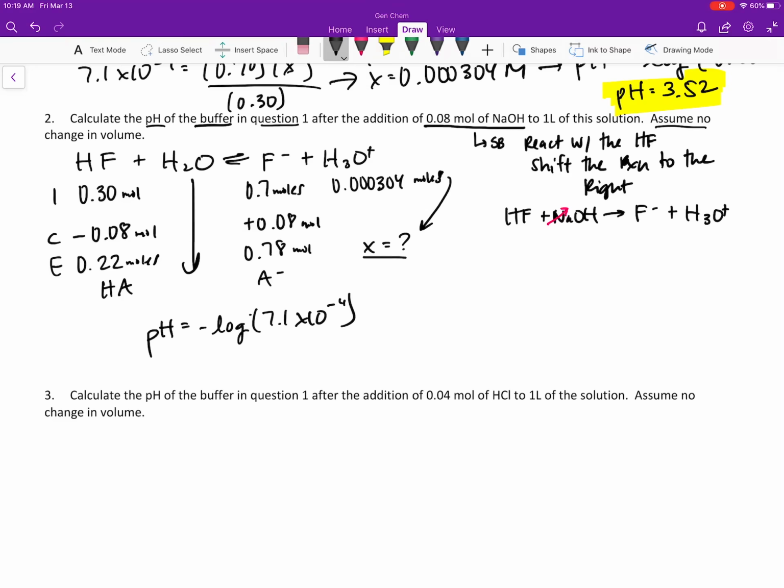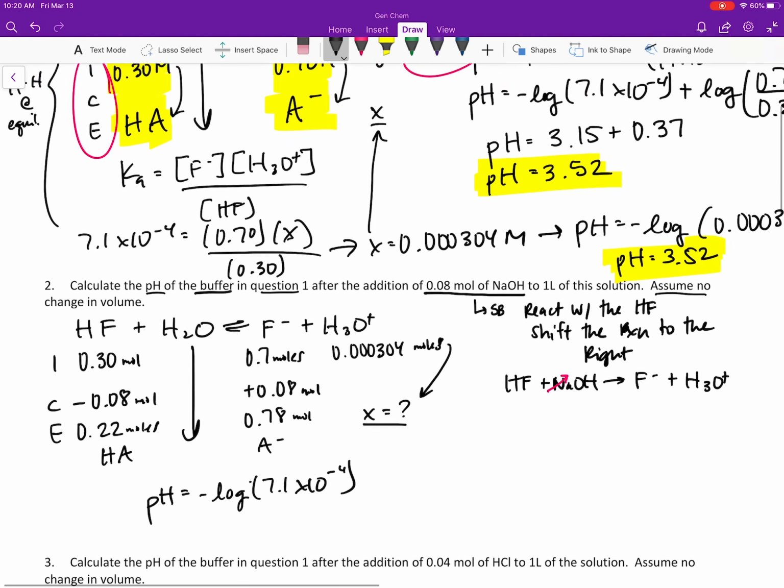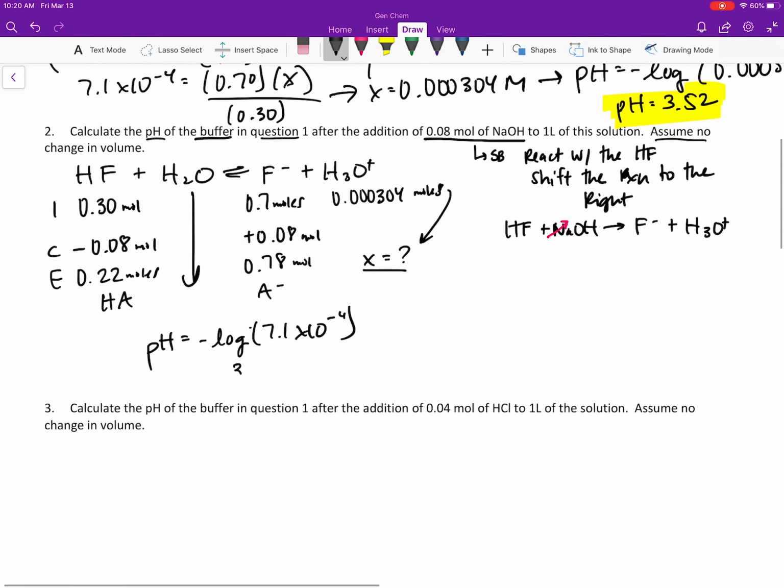I could have written in the pKa value because it shouldn't change, so that's going to be 3.15 plus the log of A over HA, and the volume being 1 liter. It's nice because we don't have to worry about converting from moles to molarity. It's equivalent. And now we get to solve for the pH.